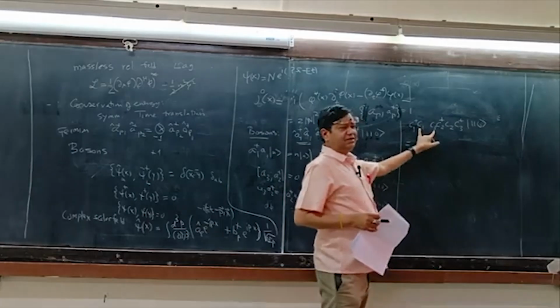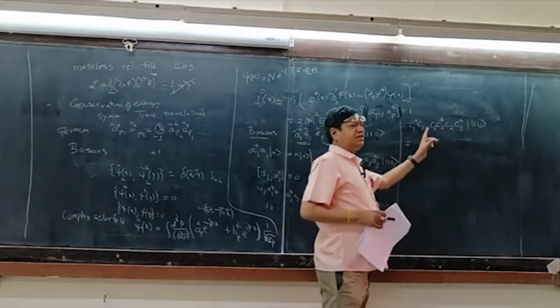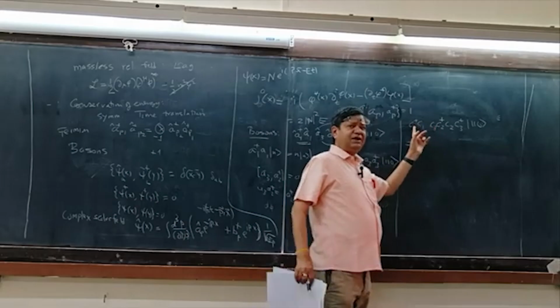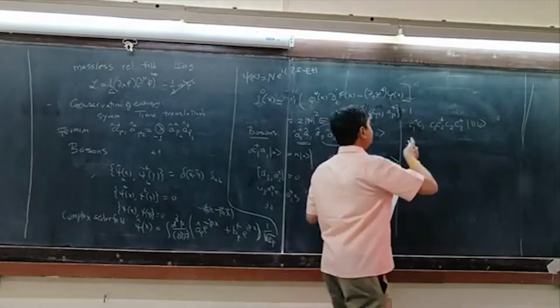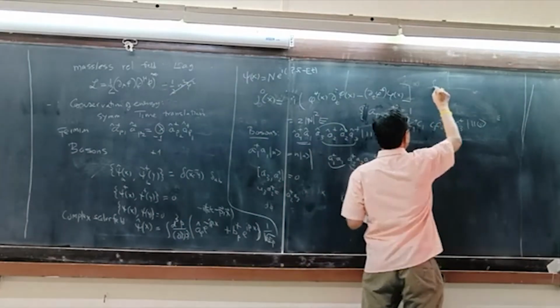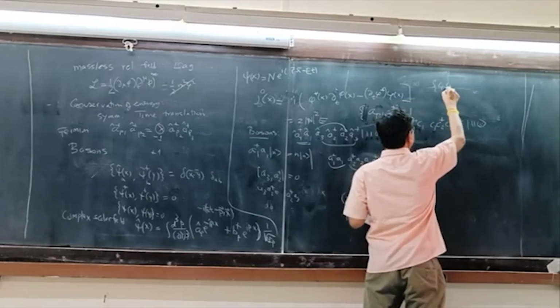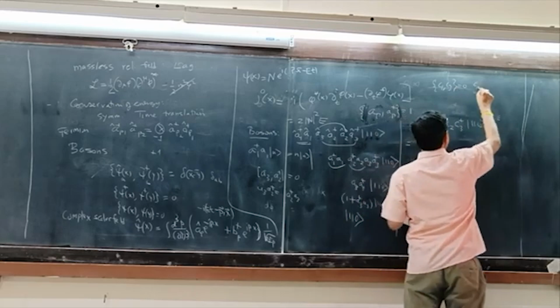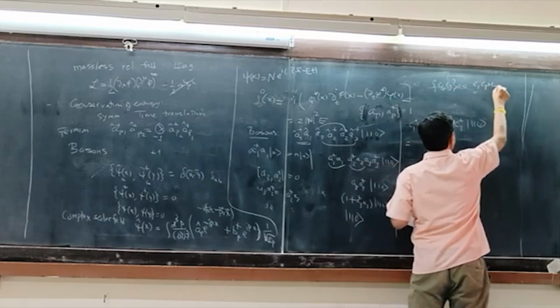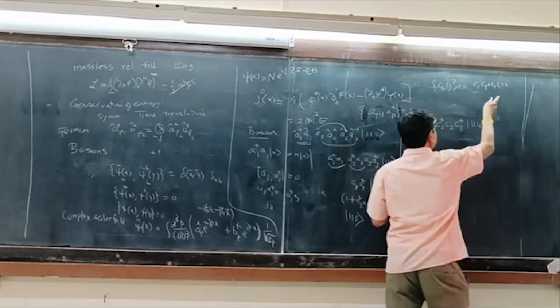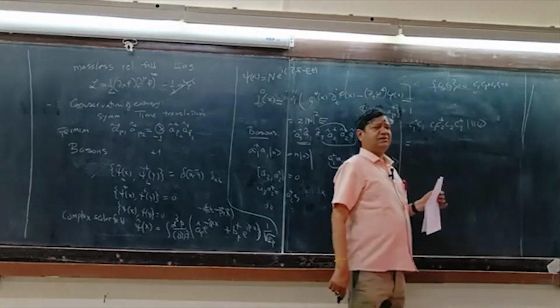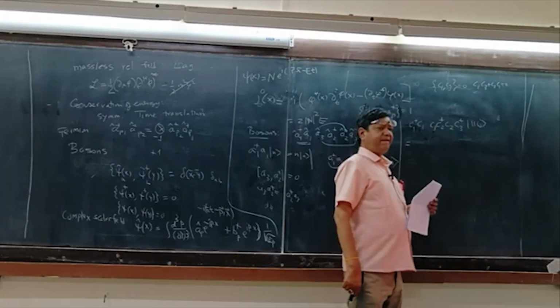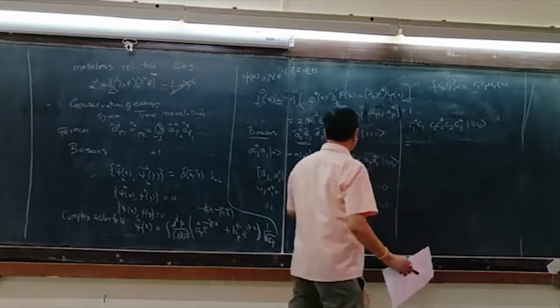C1 and C3 anti-commute. So if I change the order, I get a minus sign. Why? Just focus on, let's say, this one, C1, C3. This is equal to 0. That means C1, C3 plus C3, C1 is 0. So if I change the order, then I get a minus sign. Okay?